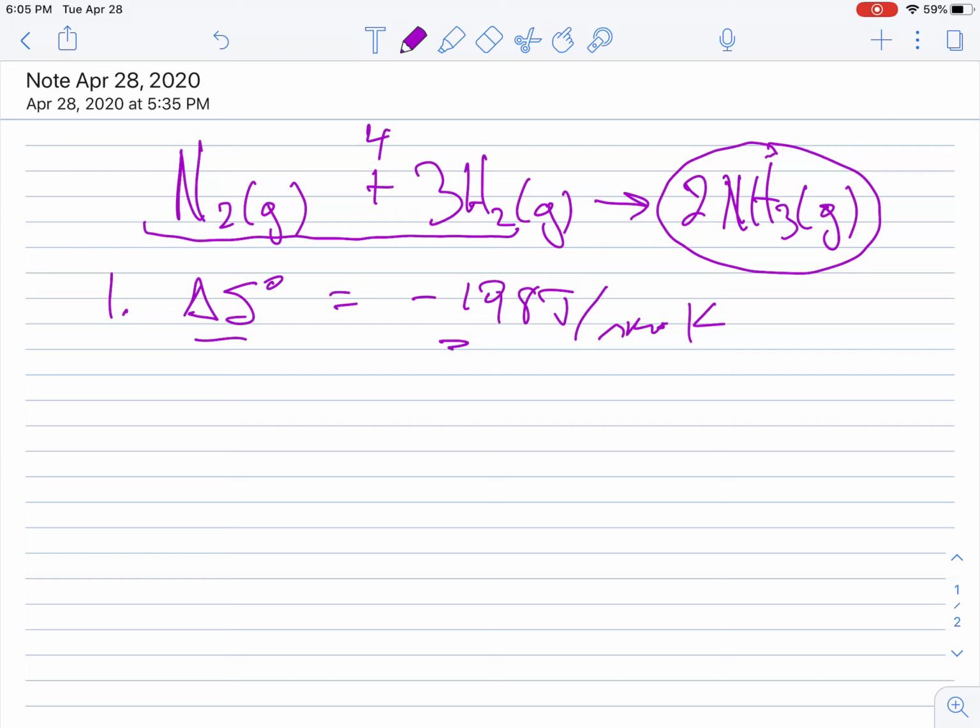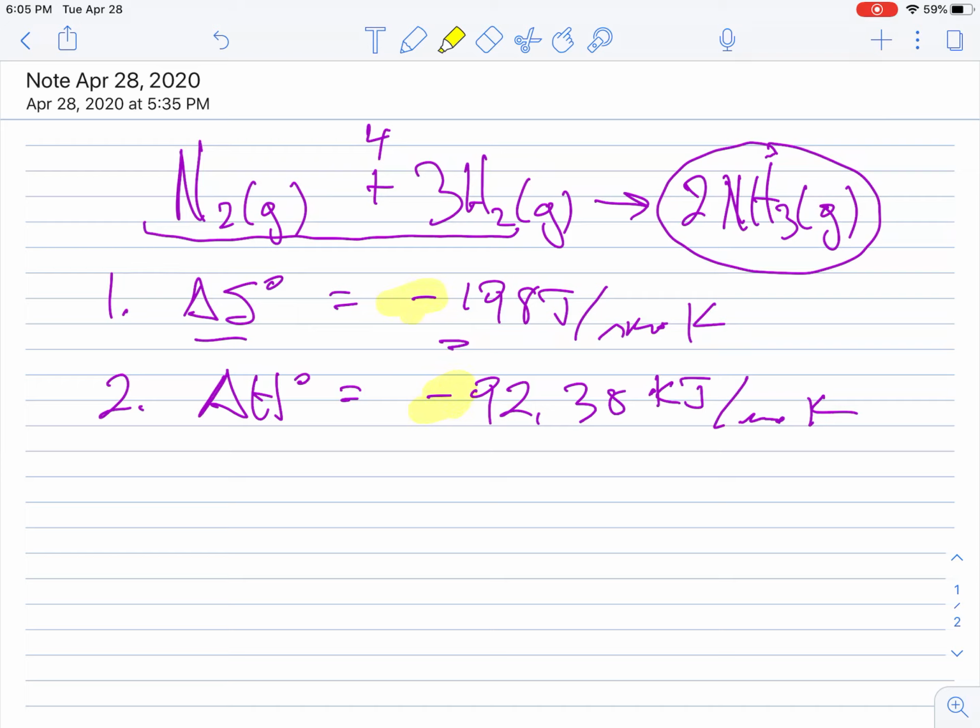Now, if you calculate delta H naught, you get negative 92.38 kilojoules per mole. Now, notice here you've got a couple of things that are important. Both of these are negative.